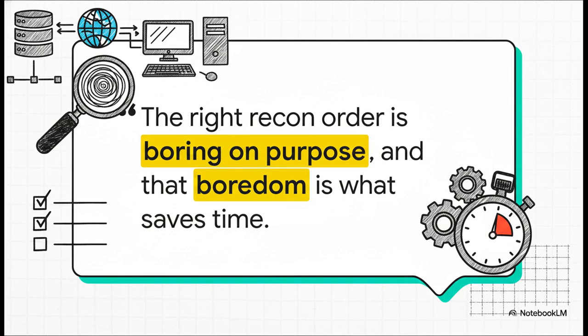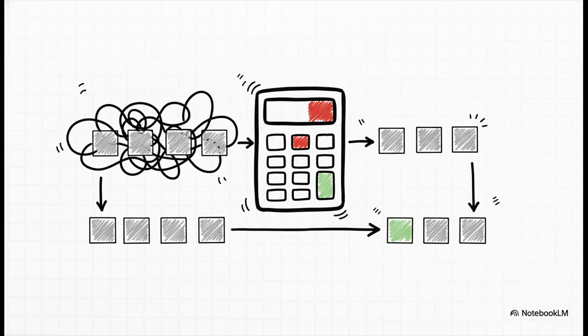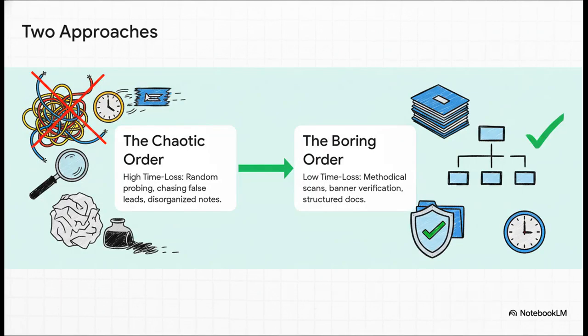So let's think about this with a concept called the time loss calculator. Now, this isn't a real thing you can buy. It's just an idea. Wasting time isn't about one wrong move. It's about how a bad order of operations, a bad workflow, just multiplies your wasted effort down the line. It's not about having a fancier tool. It's about having a smarter process. This lays it out perfectly.